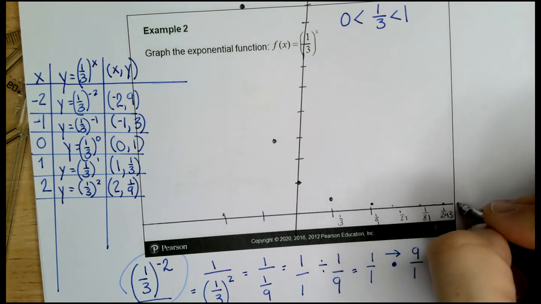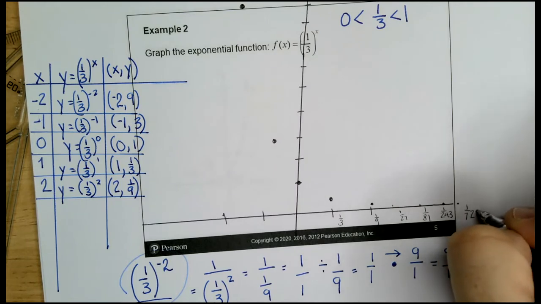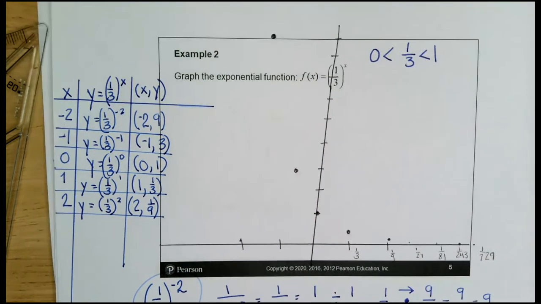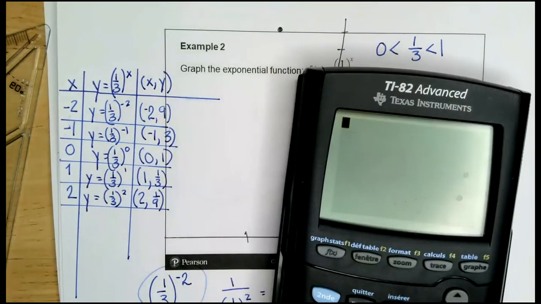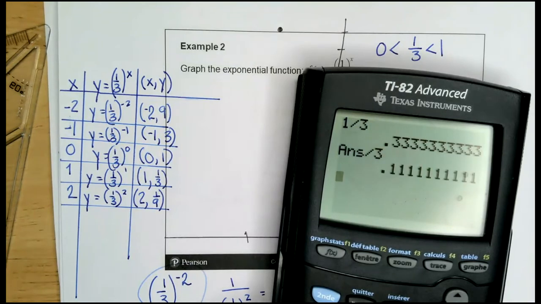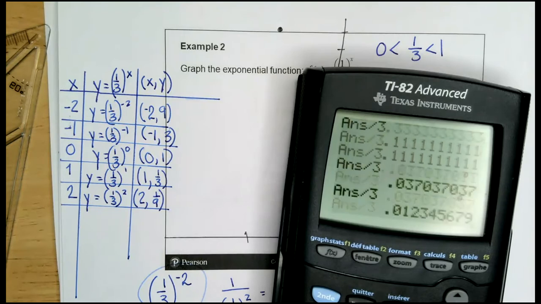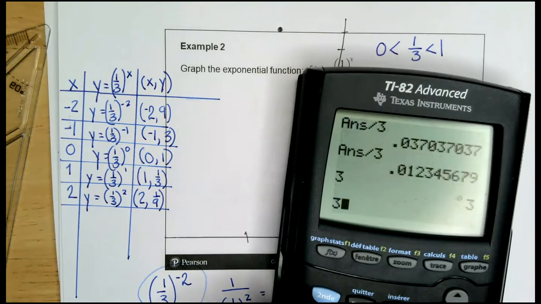This would be 1/729. So we're getting smaller, we're dividing by 3, but no matter how long we divide, so I have 1, I divide it by 3, divide that by 3, divide that by 3, divide that by 3. I could do this, oops.